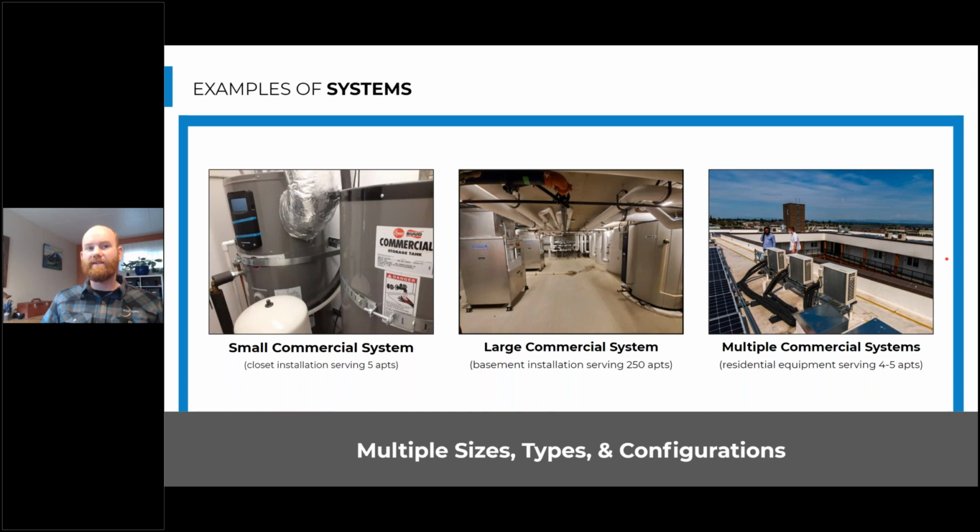So with these commercial heat pump water heating systems, you may be thinking that they have to be a large, really expensive built-up system in the basement, but there are opportunities to really cut first cost and do smaller systems serving smaller zones, even in our big buildings, or specify residential equipment for smaller residential buildings instead of putting the larger commercial equipment in those smaller projects.